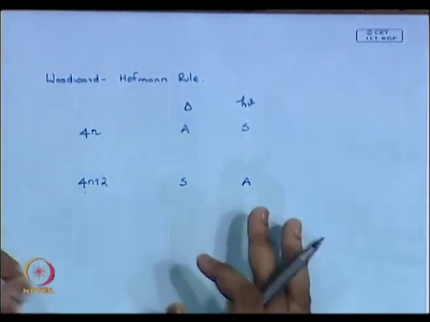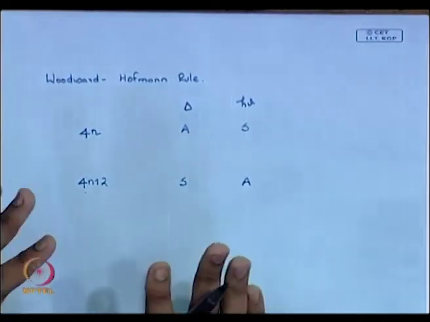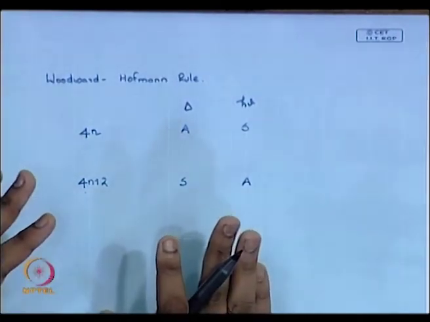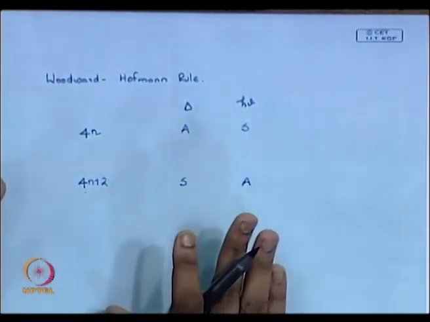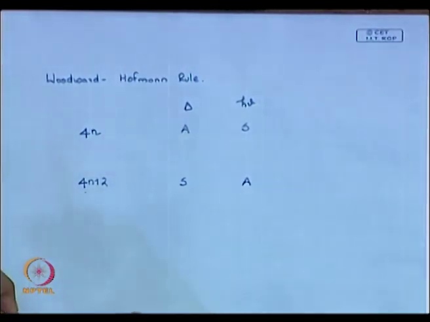It exactly works, only one case it does not work, this one, it is your 1,3 shift. There is something you have to learn about your 1,3 hydrogen shift, fine. So what I will do, that exceptional case, the 1,3 hydrogen shift, we will see in this class. I will teach you why it does not fit in.